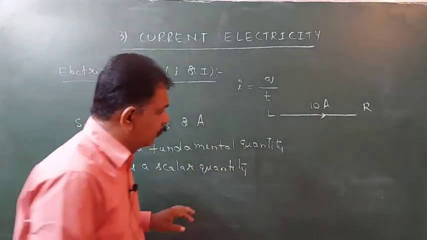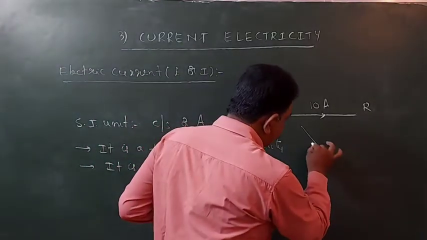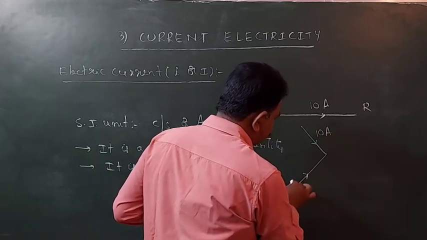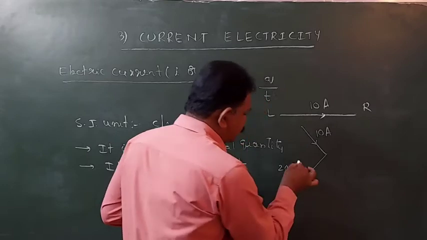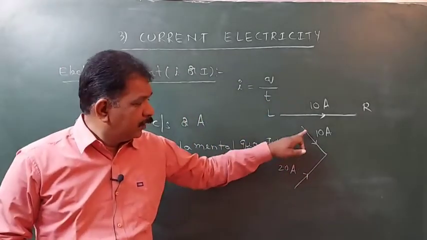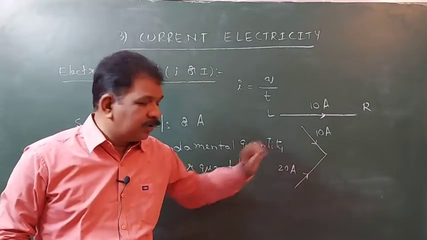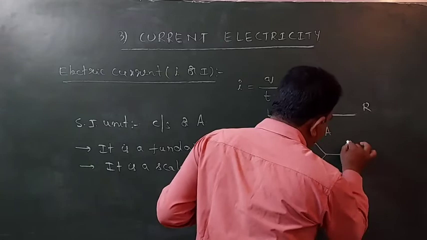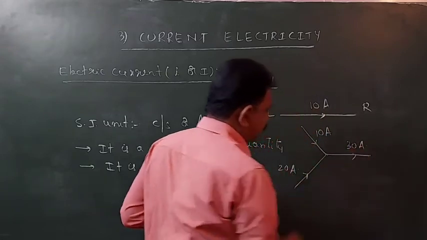For example, here one wire is there. In this wire 10 ampere current is flowing. Here another wire is there. In this wire 20 ampere current is flowing. These two wires are joined here and the current in this wire will be 30 amperes.